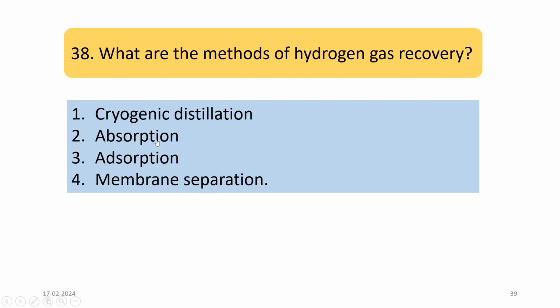So there are three methods of hydrogen gas recovery. Okay, cryogenic distillation. That means it happens in very low temperature. So cryogenic distillation, adsorption, and membrane separation.